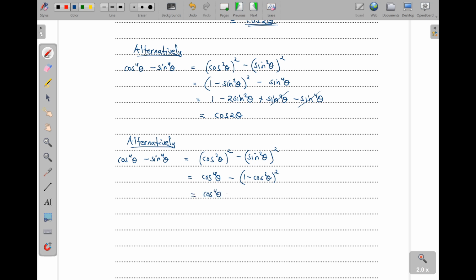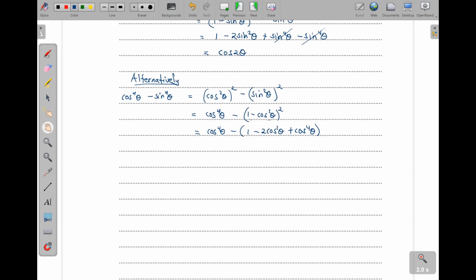Now we also open the brackets. This is cos⁴θ minus, square 1, that is 1, then minus 2 times this times that, that will be 2 cos²θ, then plus cos⁴θ. Opening the brackets, this is cos⁴θ minus 1, plus 2 cos²θ, minus cos⁴θ.